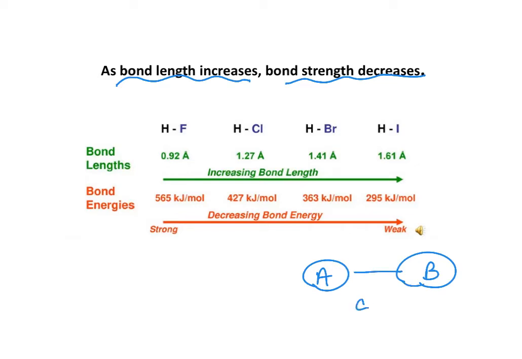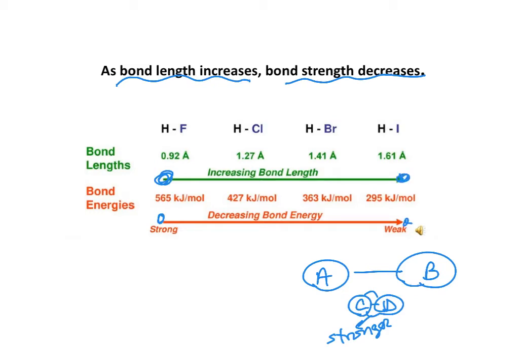A much shorter bond is typically stronger, and that makes sense because remember, bonds are electrostatic attractions, so the closer two atoms are to each other, in general, the stronger the electrostatic attraction. So it would make sense that short bonds would be stronger, and that long bonds would be weaker.